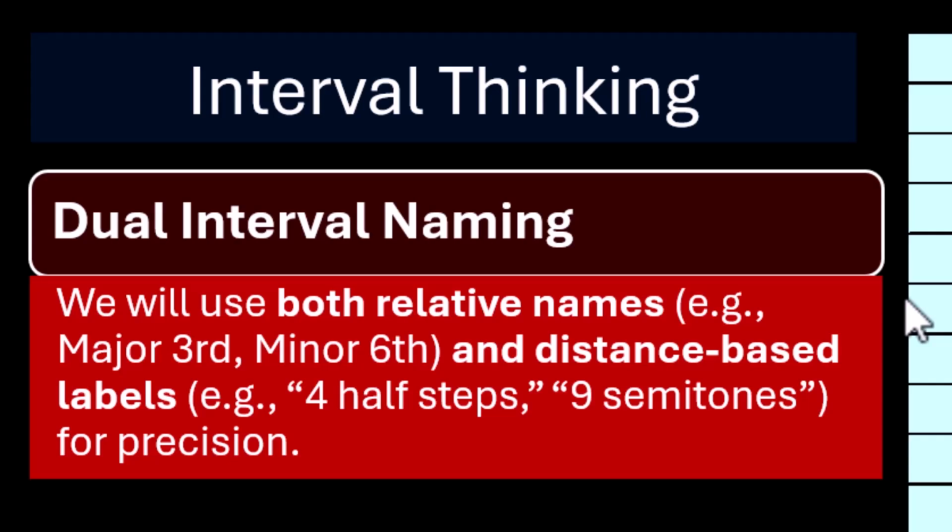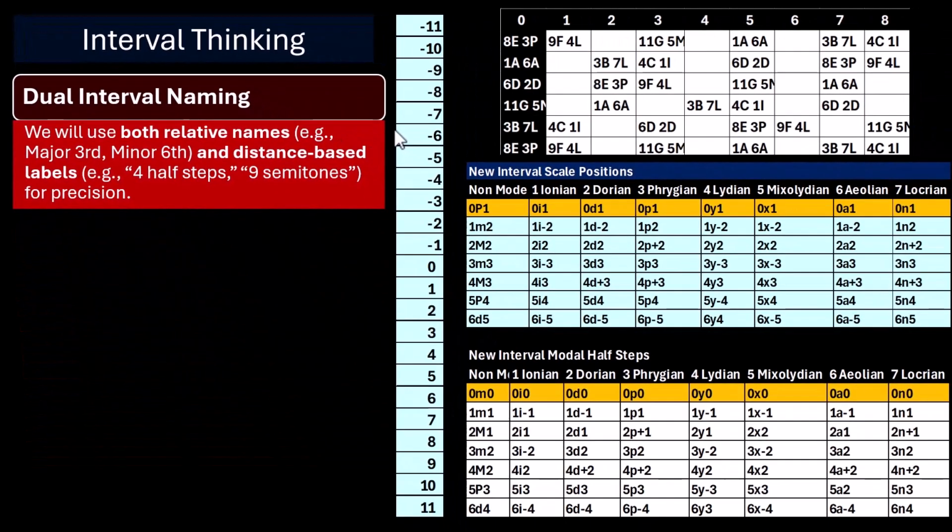So we have the dual interval naming. We will use both relative names, e.g. major third, minor sixth, and distance-based labels. So particularly on the guitar, one thing I think we can do that's just objectively better, even if you use the same interval names, the interval names in the normal system being based on the idea that the major scale is the scale that everything else is created from, which isn't exactly true.